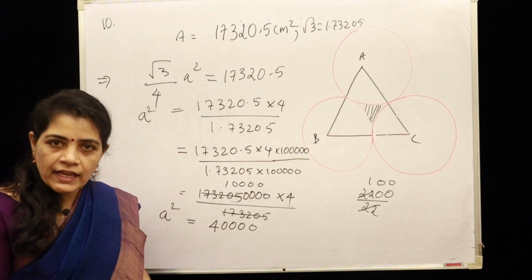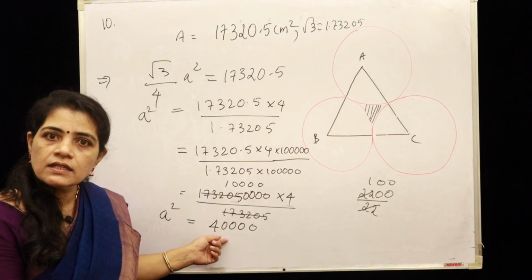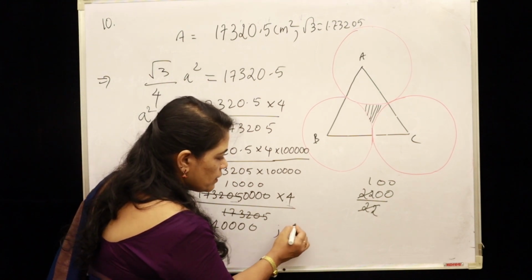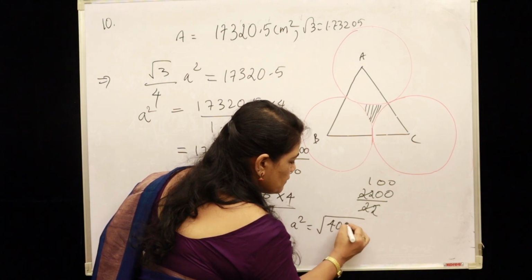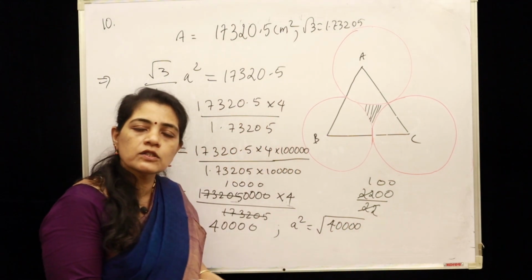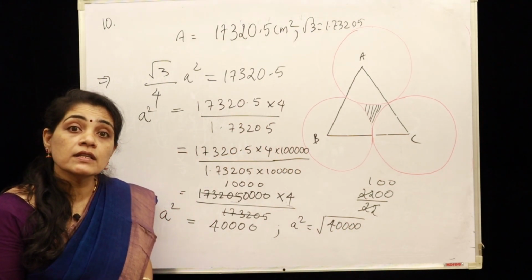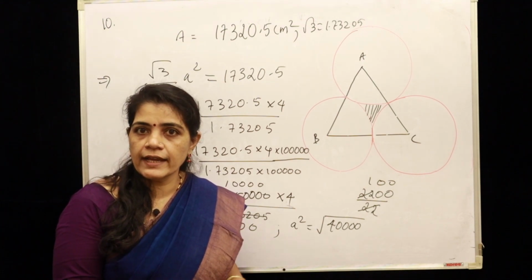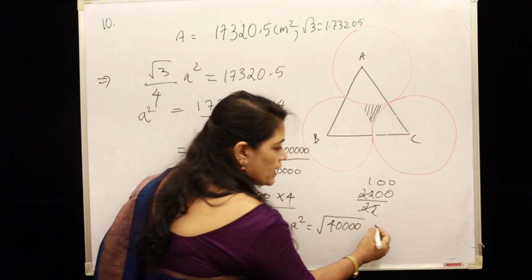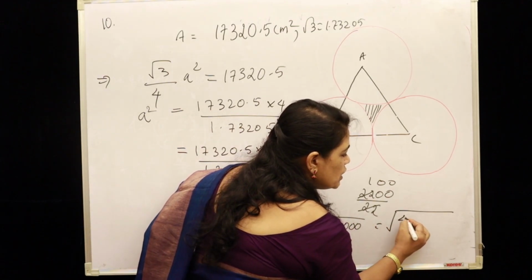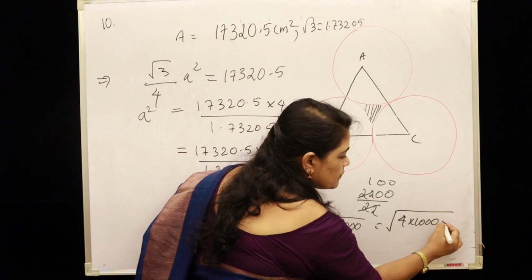So in order to get a from this, you have to take the square root. Usually we are doing the same step. Square root of 40,000. We have learned in the smaller classes that a square number always ends with an even number of zeros. Here we have 4 zeros, even, so you can write this as 4 into 10,000.